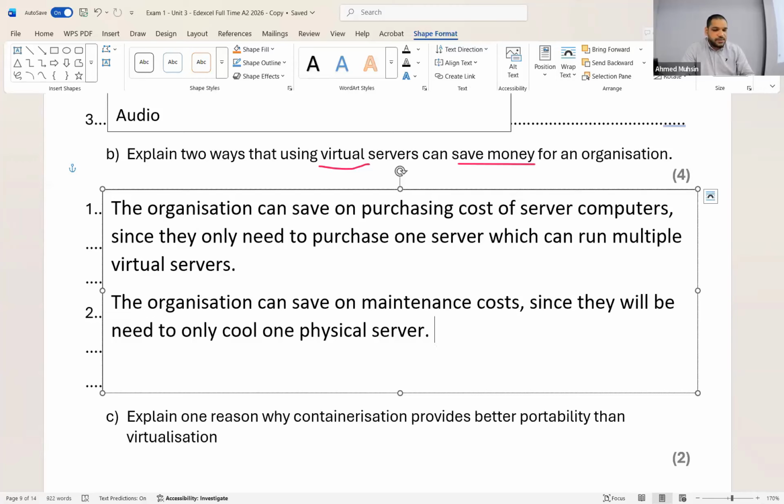I want to show you the marking scheme answers also. Everybody, I'm going to show you the marking scheme answers now.